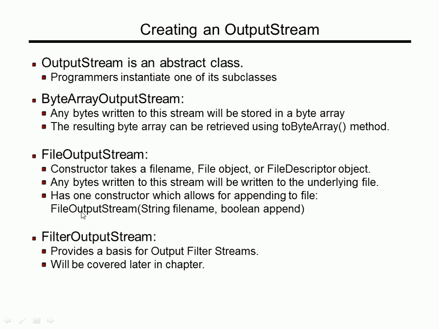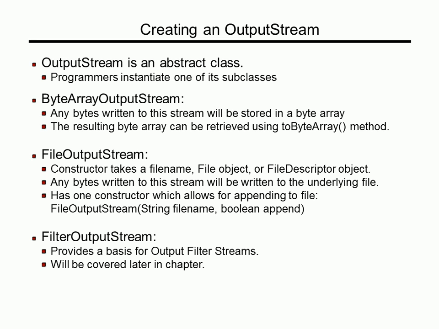Then any byte written to this stream will be written to the underlying file. So if you use the file output stream to open a file and you write to this file output stream, anything that you write to it will be written to the underlying file because you are pointing to a file. And it has about 4 constructors.